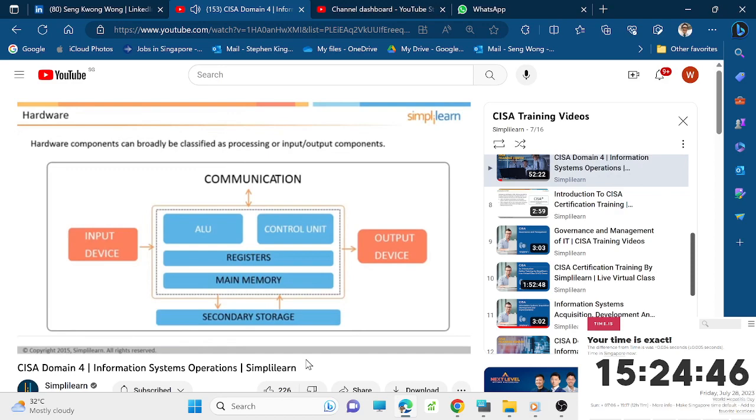The diagram also shows that the central processing unit is connected to the output devices through which processed data and information is communicated to the user. A secondary storage is also connected to the main computer's central processing unit. Each of these components is explained further in the following screens.